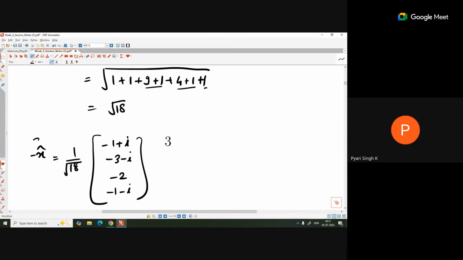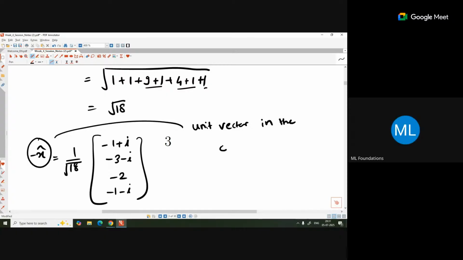This is the unit vector in the opposite direction of x, right?